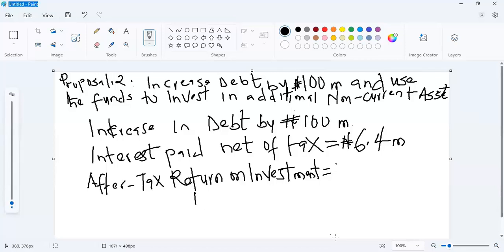Let's work it here. 15% of 100 million. We invested 100 million. That will give us how much, please? That will give me 15 million.